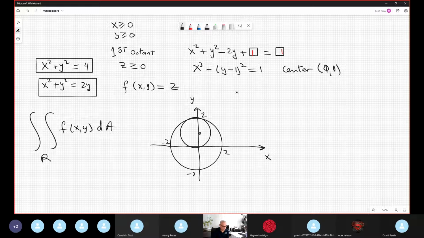So the region is bounded. Bounded by this, I suppose, inside the big circle and outside the small one. It makes sense that it's bounded, no? It's that part. This is our region R. This is R. That one. Correct?